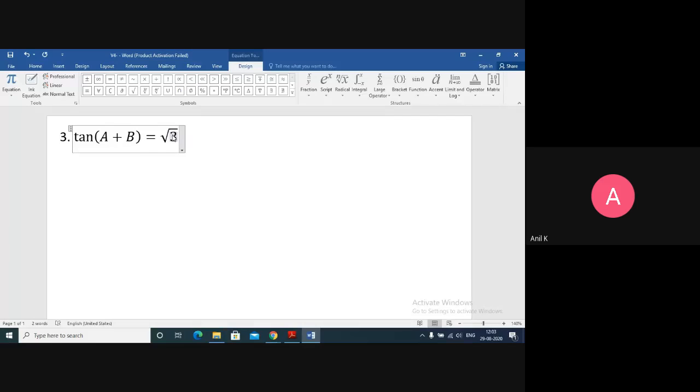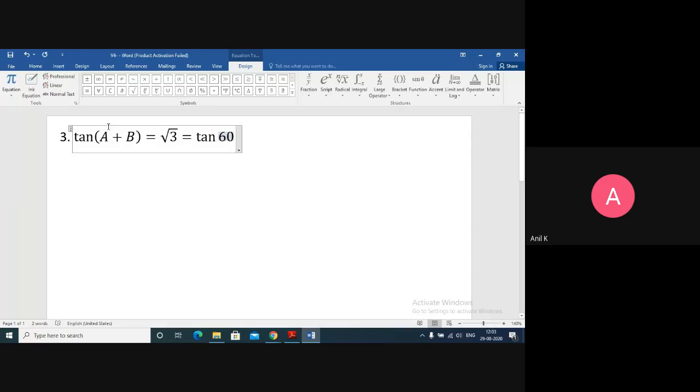Root 3 is the value of which angle for tan? Tan 0 is 0, tan 30 is 1 by root 3, tan 45 is 1 and tan 60 is root 3. So in place of root 3, I can replace this with tan 60 degrees.